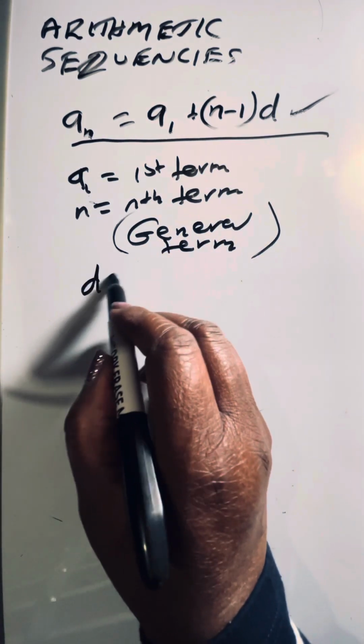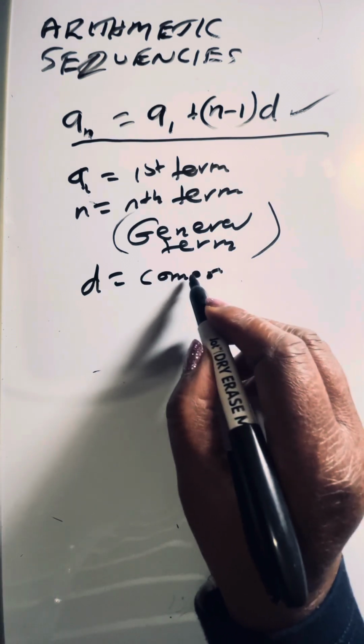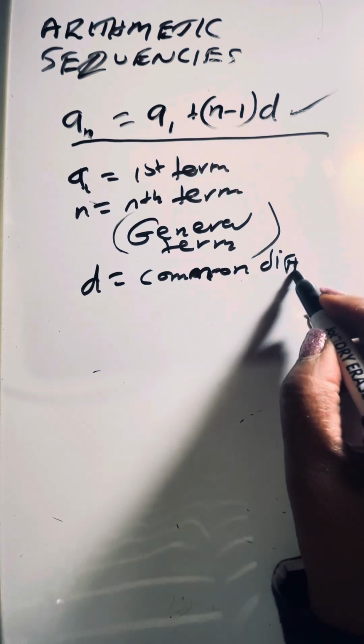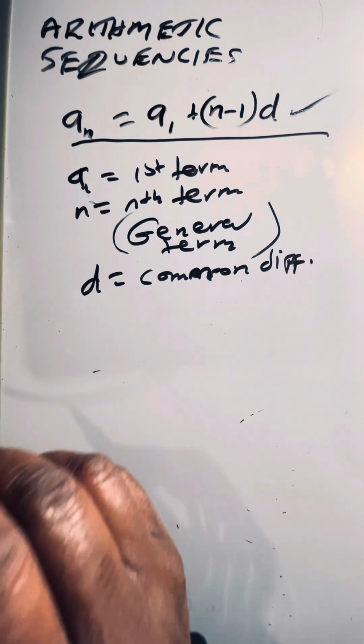Then we have d, which is the common difference. Let's do an example.